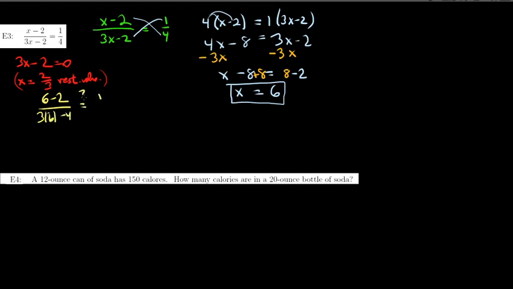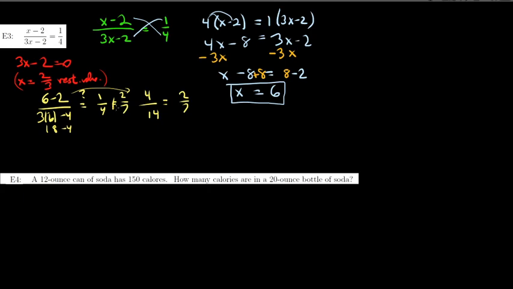Does that equal 1/4? We know what the right side is. It's just 1/4. Let's look at the left side more carefully. 6 minus 2 is 4. 3 times 6 is 18, and 18 minus 4 is 14. And 4 over 14 reduces to 2 over 7, which is not 1/4.